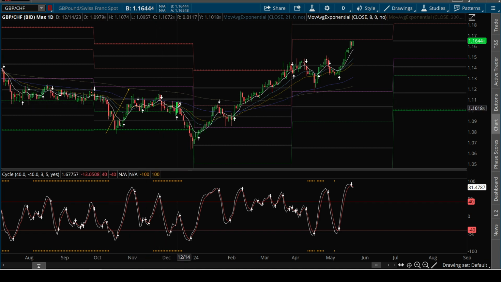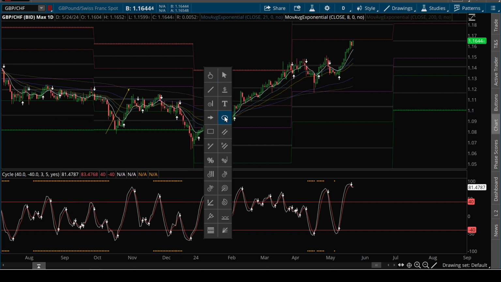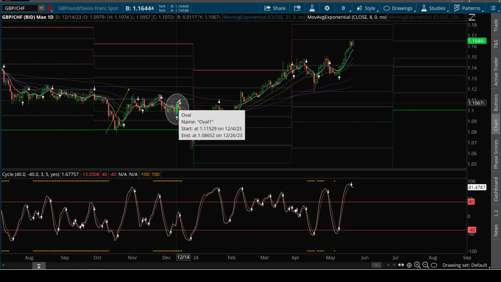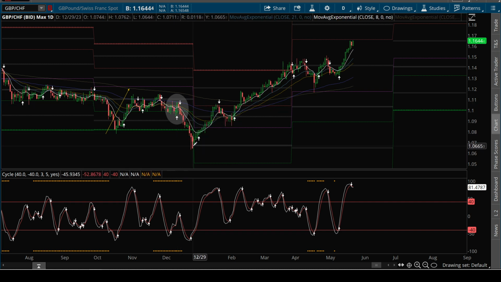All right, now I got a failed 200 with a potential 3 wave structure coming off my quarterly S2, and then that fails. So here's a trade setup that I would be licking my chops to get and feeling very confident that this thing's going to explode, and it winds up making one more lower low and then sets up to go.